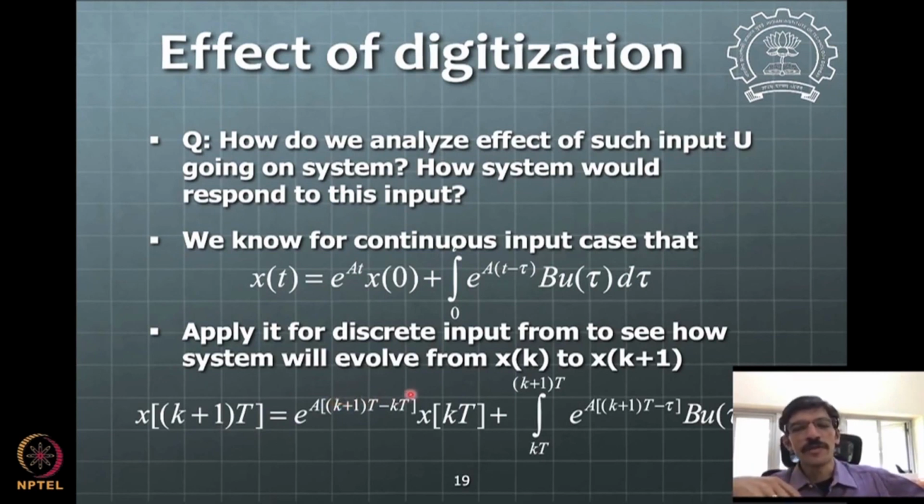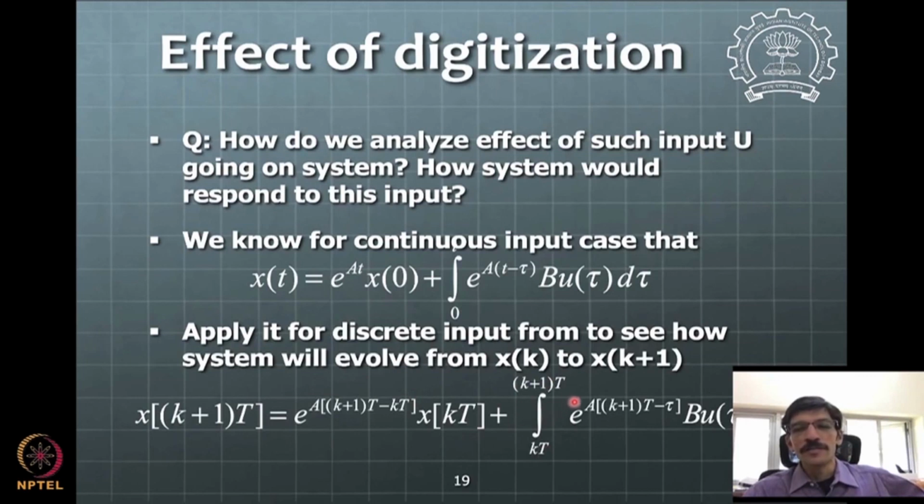There we will get the contribution of the homogeneous part of the solution, and then the particular integral part of the solution. Notice here, we integrate not from 0 to T, but since we are starting at kT, it will be kT to (k plus 1)T, and the initial state here is x of kT.